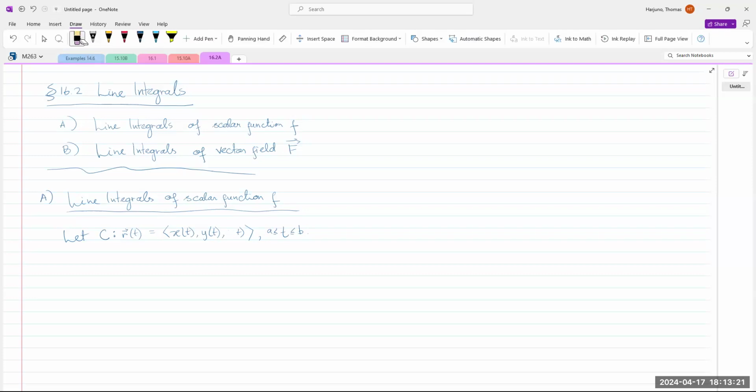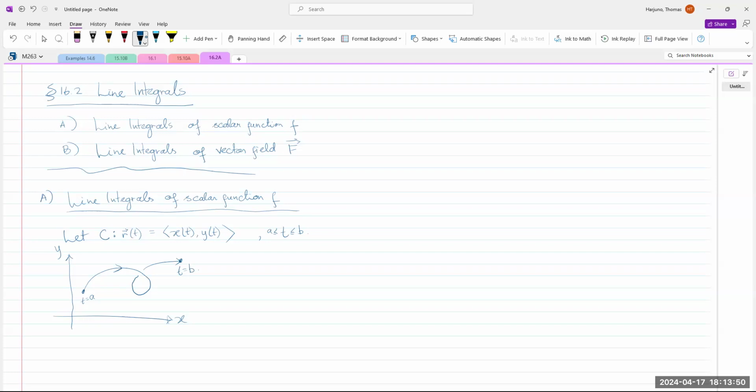No difference if I make it three dimensions, but for the sake of simplicity. Imagine we have a curve in two dimensions. This is x, this is y, and the curve looks like this maybe, where this is t equals a and this is t equals b, and it goes in this direction.